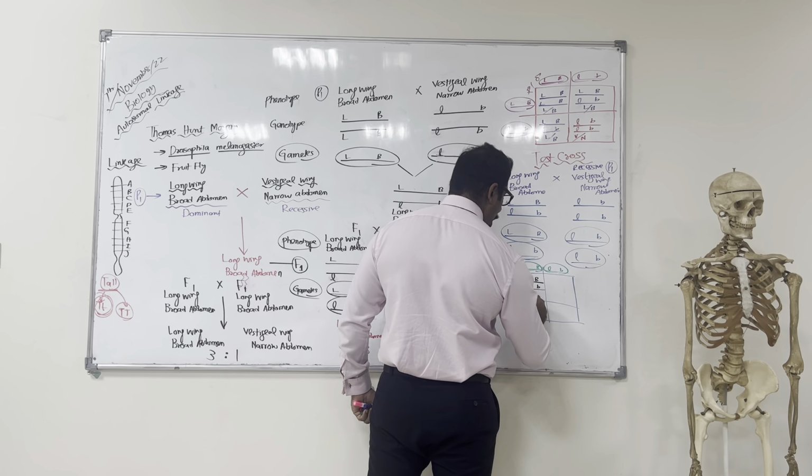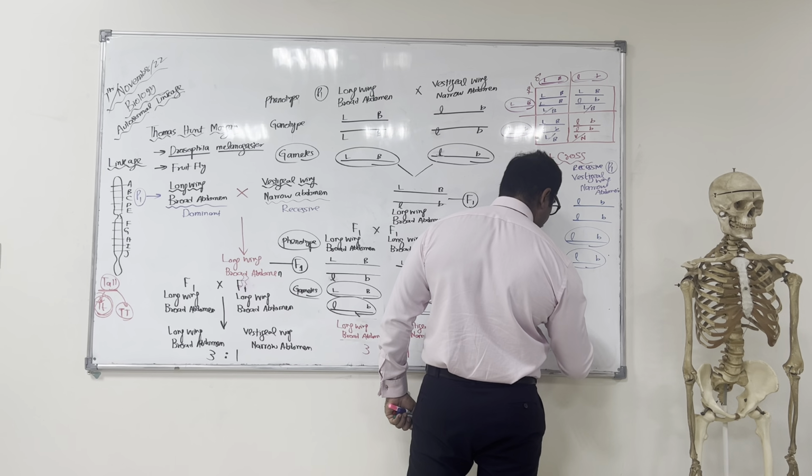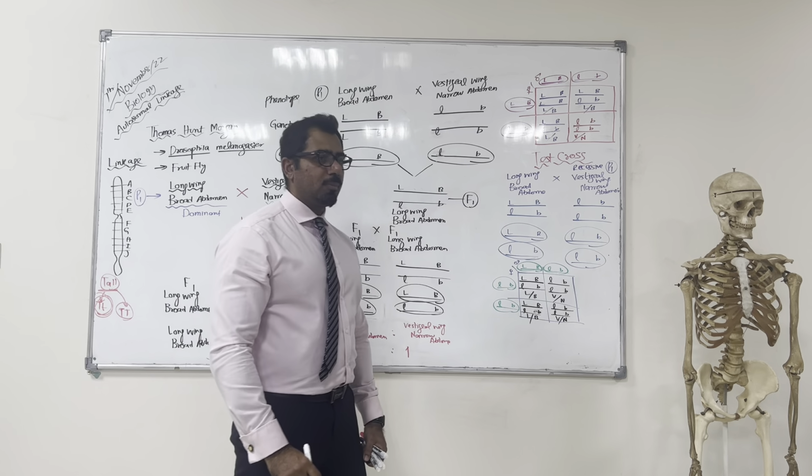This one joins with this one, it will become capital L, capital B, small l, small b. Long wing, broad abdomen. This one joins with this one, it will become small l, small b, small l, small b, vestigial wing, narrow body. Right?